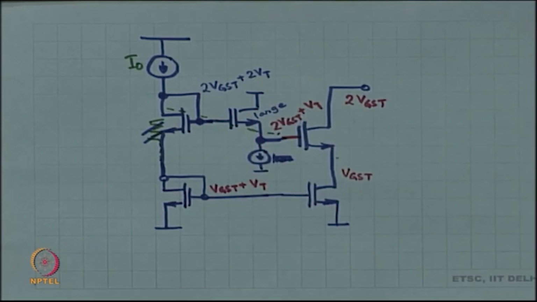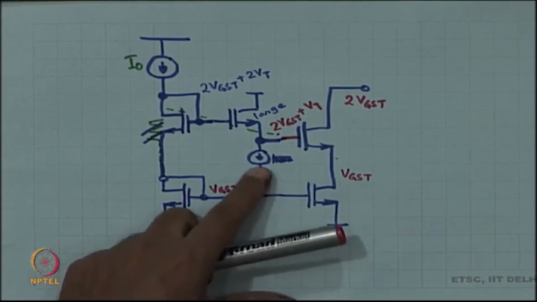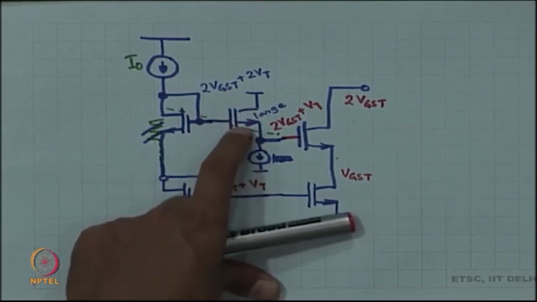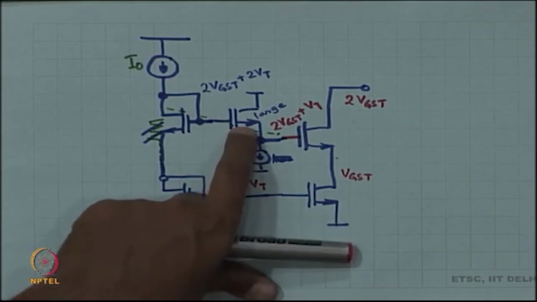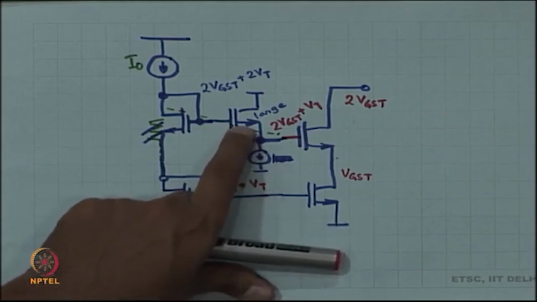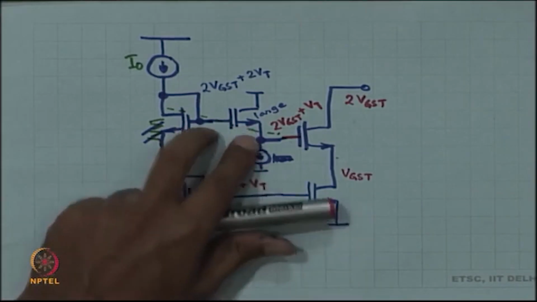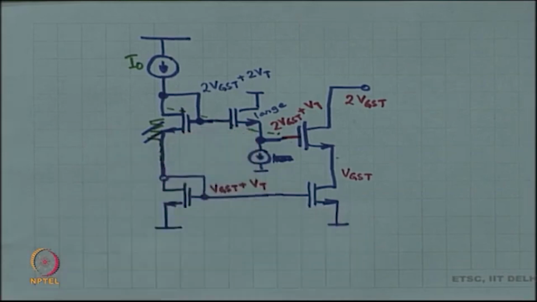Okay. When W by L is very large, that K factor is very large, right. If I pull the same current or a similar current through a very large K, then VGS minus VT the whole squared is small, which means that VGS is more or less equal to VT. So, this drop is going to be equal to a VT.